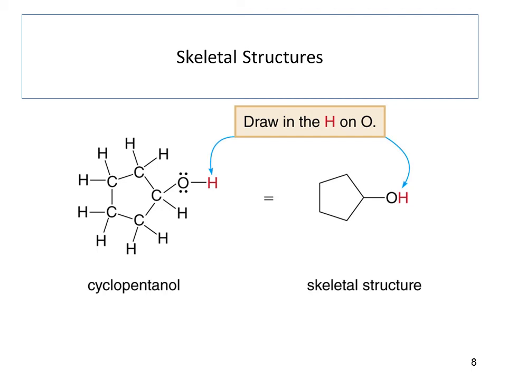Well, we can draw that with our skeletal structure by just drawing a pentagon. 5 corners means 5 carbons in a ring, and then you can see that the oxygen and hydrogen are attached to a carbon on the ring. We draw in our hydrogens that are attached to any oxygens or any other heteroatoms. Even though we're not drawing them on the carbons, we do draw them on the heteroatoms, because otherwise we would get very confused.